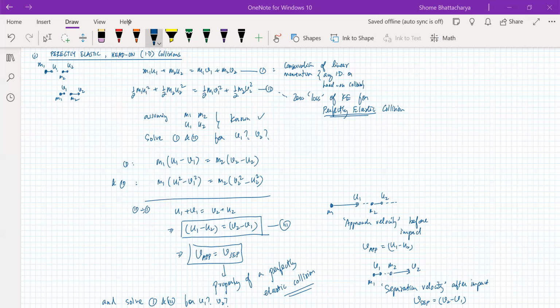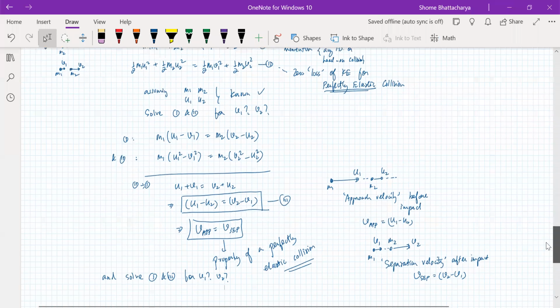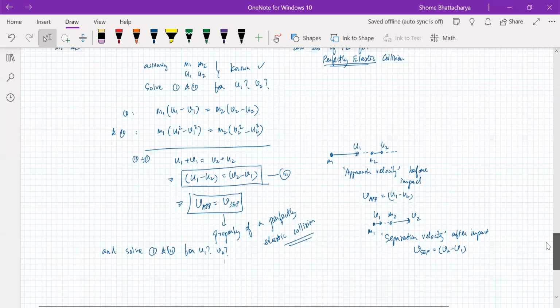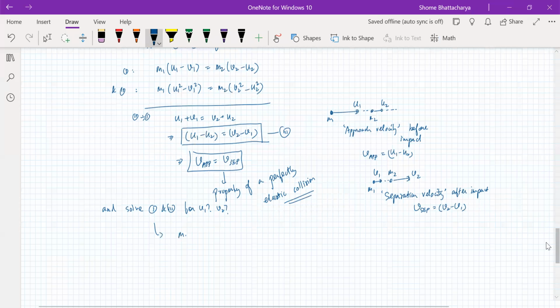Okay, so given some numerical problem, what we can always do is, if the collision is perfectly elastic, generate equation 1, which is the momentum conservation equation: M1 U1 plus M2 U2 is equal to M1 V1 plus M2 V2. This is our equation 1.